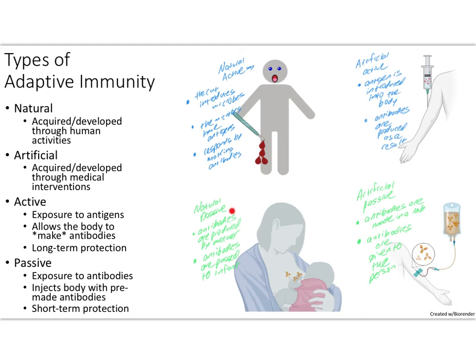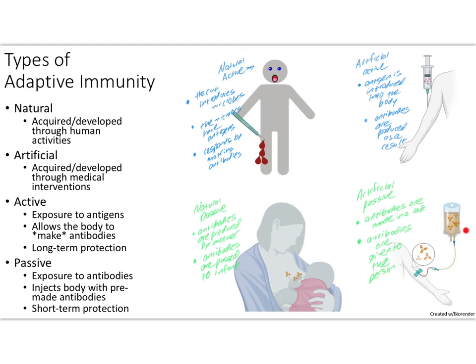We have natural passive, where a mother will make antibodies and pass them off to her baby either through fetal development or during breastfeeding. And we have artificial passive, which occurs through some kind of medical procedure where the antibodies are made in a lab or in another person or in an animal.